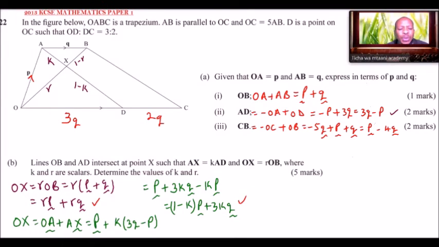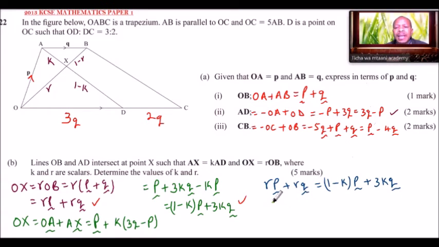So we can actually equate these two and say, since they represent the same vector, RP, which is a vector, plus RQ, a vector, is the same as this vector, which is 1 minus K, close the bracket, P, then plus 3K vector Q. The two vectors are the same.